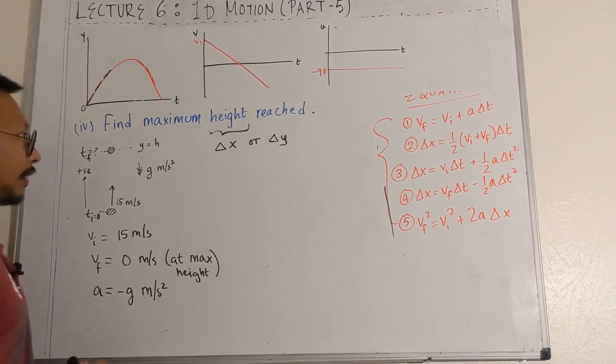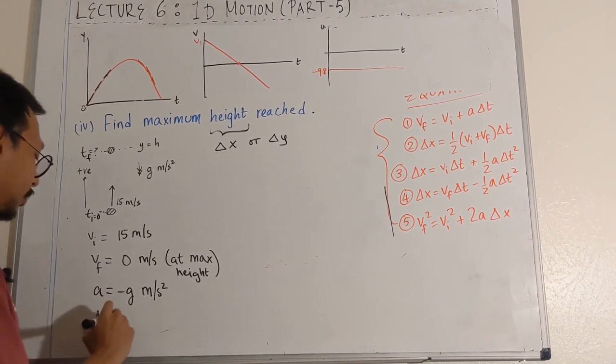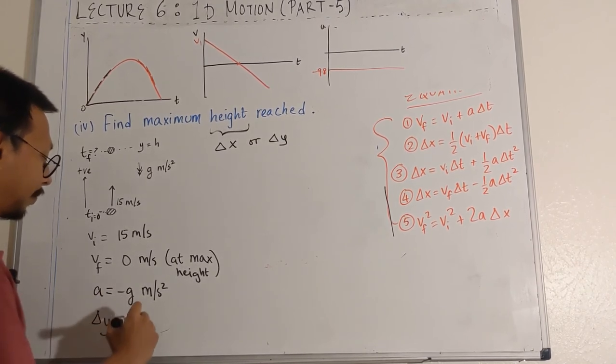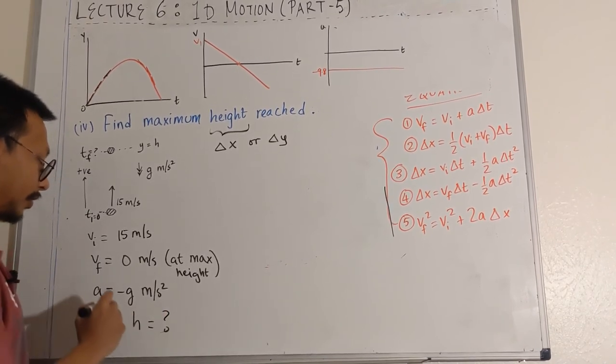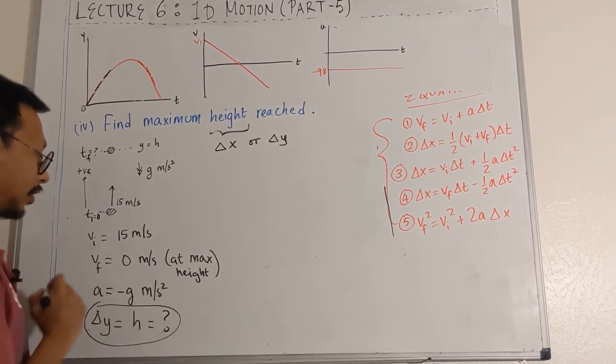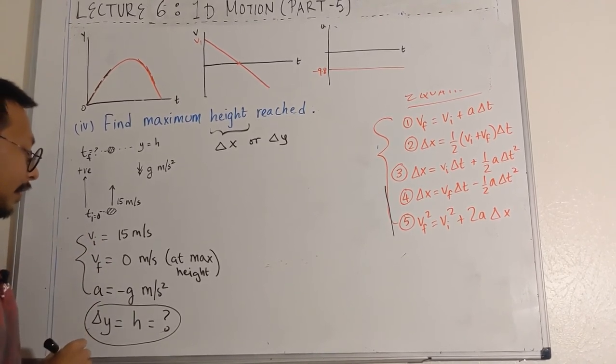What else? Do we know anything else? And we want to find out the displacement, that is the maximum height we want to find. So this is our target variable, and we know these three variables, Vi, Vf and a.